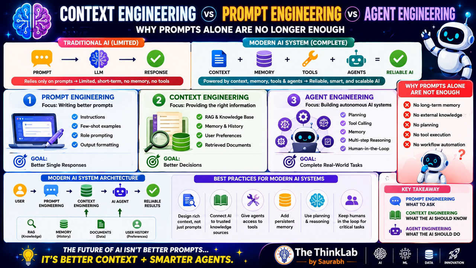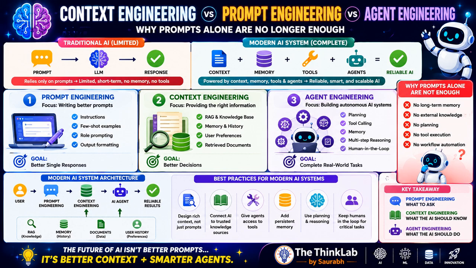Now we are coming to the next point: what is context engineering? Context engineering focuses on giving the AI the right information before it generates a response. Instead of relying only on the prompt, we provide additional context. This context may include user preferences, previous conversations, knowledge base documents, RAG results, company policy, project files, and even our database records. The goal is very simple: give the AI everything it needs to make better decisions.